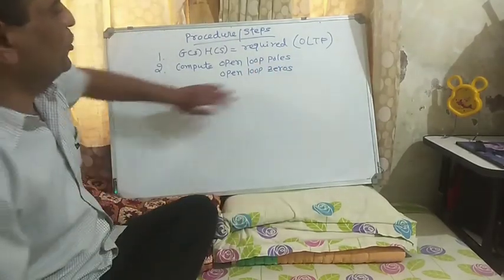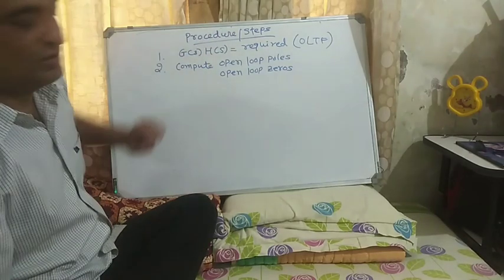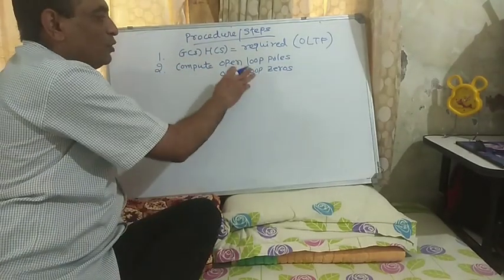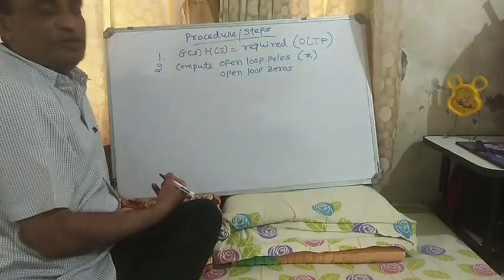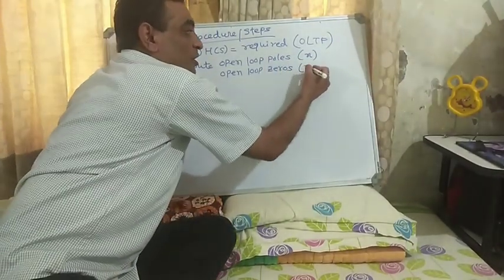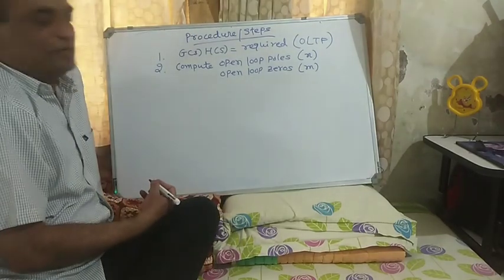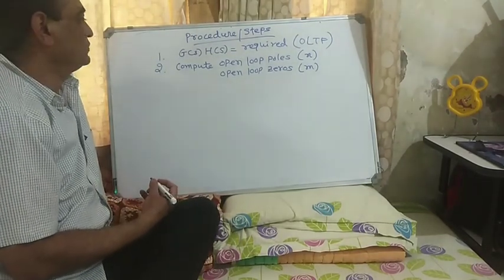So I should be able to compute open loop poles and zeros from the transfer function. If you can compute open loop poles, then you will know the value of n, that is the number of open loop poles. You should also know the number m, that is the number of open loop zeros in the transfer function.